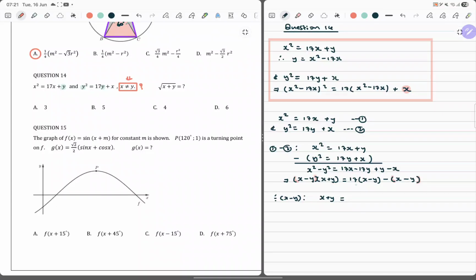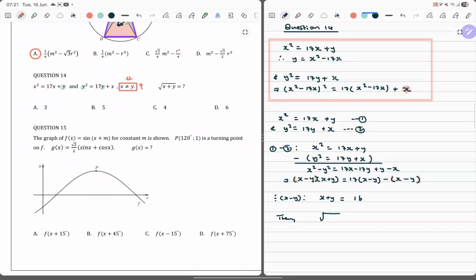Hold it. Okay, that's going to be 17 minus 1, which is going to be 16. Because if we divide by this, it's going to be 1. So that's 17 minus 1, that's 16. So can you see this was an indirect one?